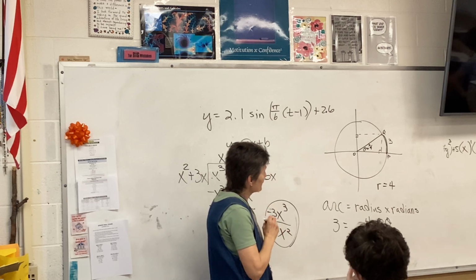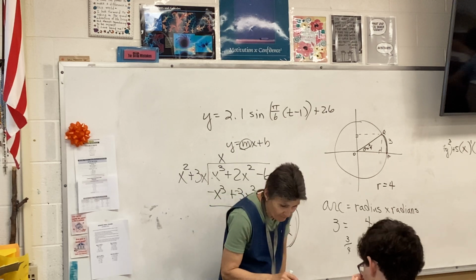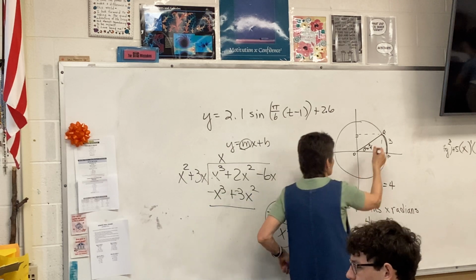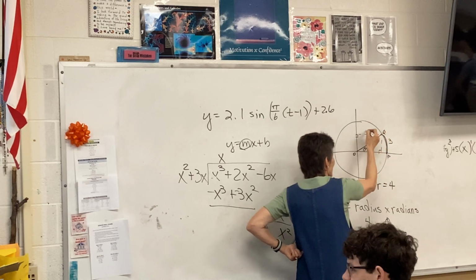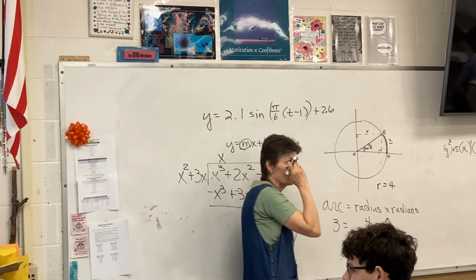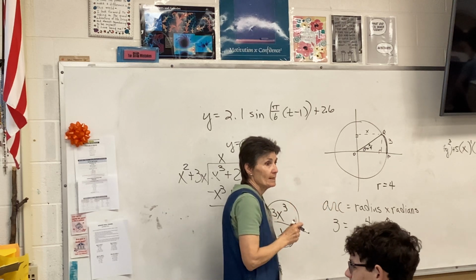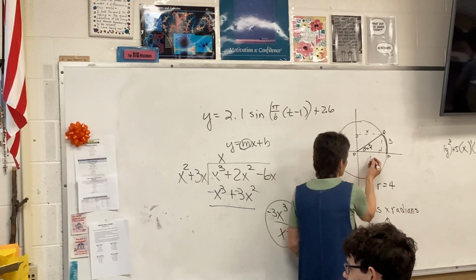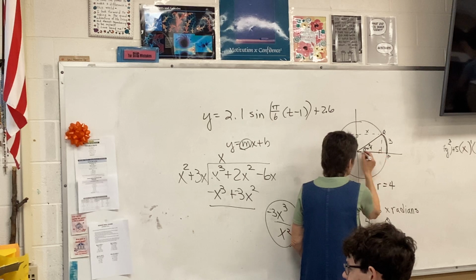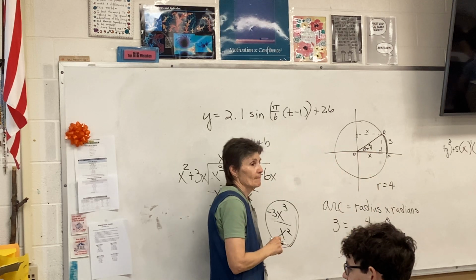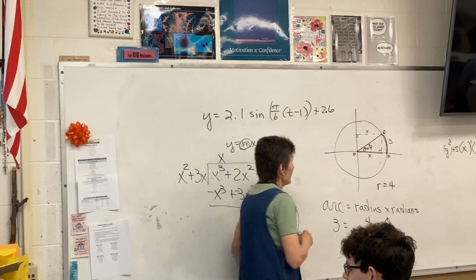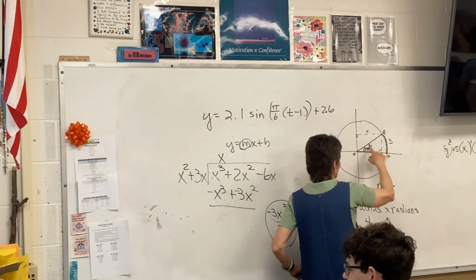So I'm looking at my situation and I want to find the distance from Q to the y-axis. So that's x, that's what I'm trying to figure out, right? Isn't that the same as this right here, if I want to keep it in my triangle? And that's a little right triangle there.